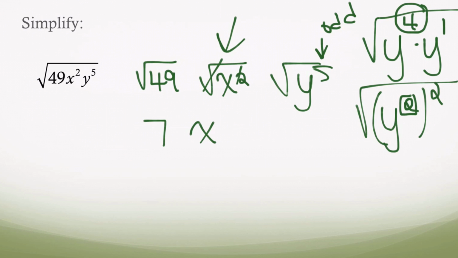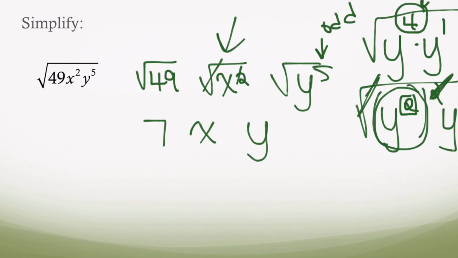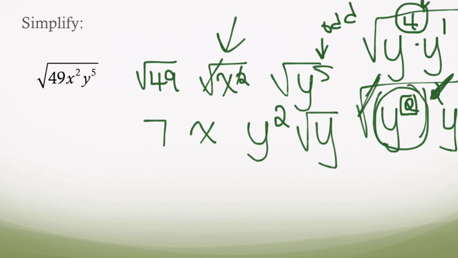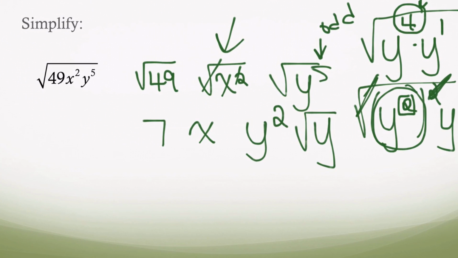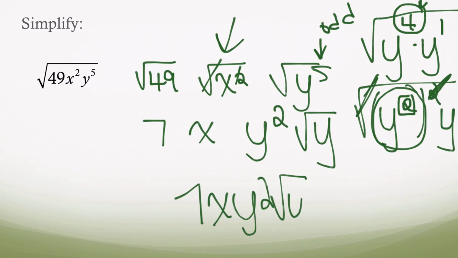Again, back to those rules of exponents, 2 times 2 is going to multiply to 4. We multiply those exponents together. So the squared cancels out with this, and I'm left with a y squared that's now on the outside. Okay, I have a leftover y. So my answer is 7x y squared, the square root of y.